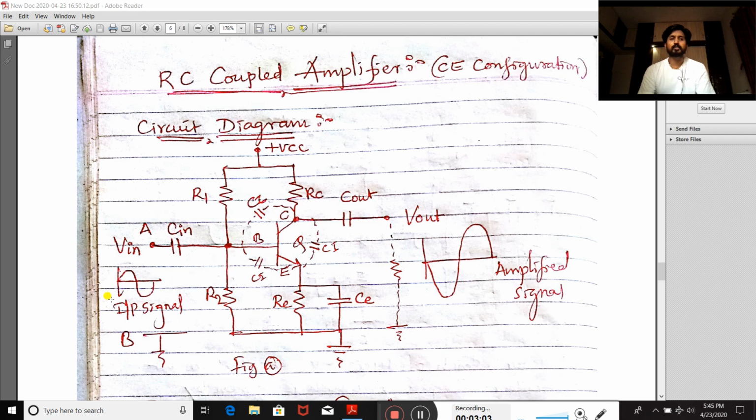If you provide a small AC input signal, it increases the amplitude and maintains the same frequency, and it produces the output signal, that is nothing but an amplifier. The only drawback of this amplifier circuit is that the output is out of phase with the input by 180 degrees. That is the drawback, but the amplification will be very good.